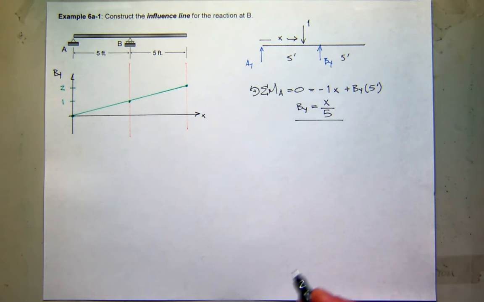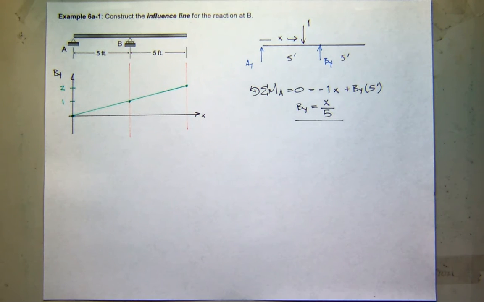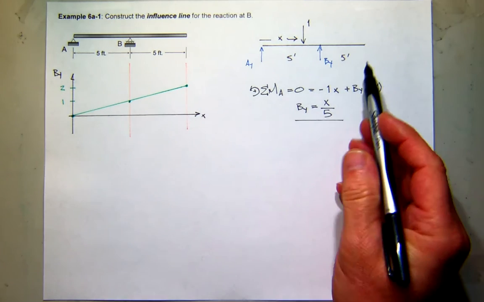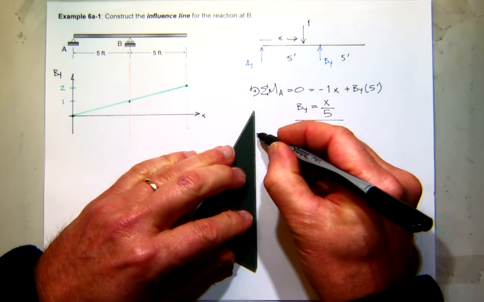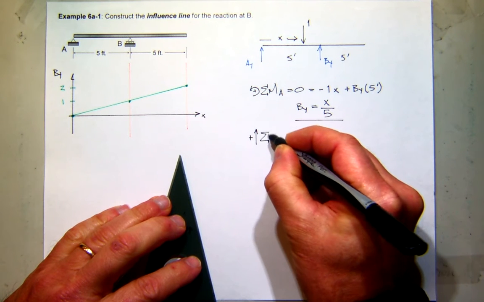Well, since we got B, should we go ahead and get A? Even though the question isn't asked for. Let's do that. How can I solve for AY now? How do you normally solve for AY, or any reaction once you have one? You could sum forces, right? Equilibrium is still there. It hasn't gone away.